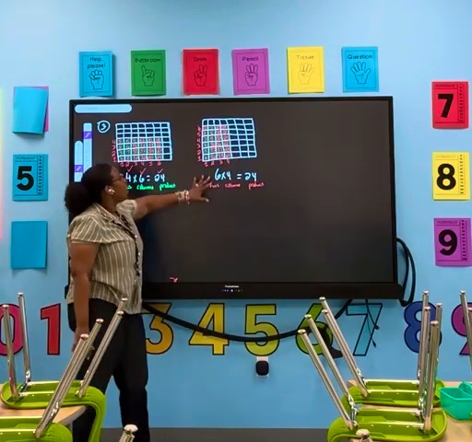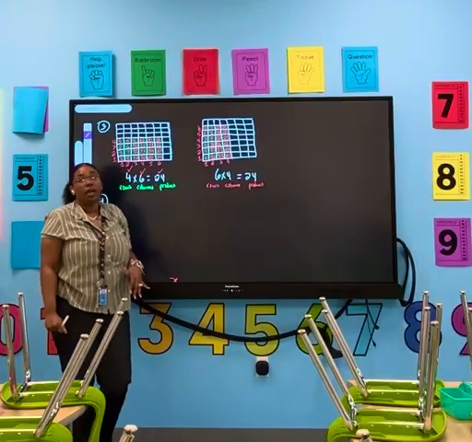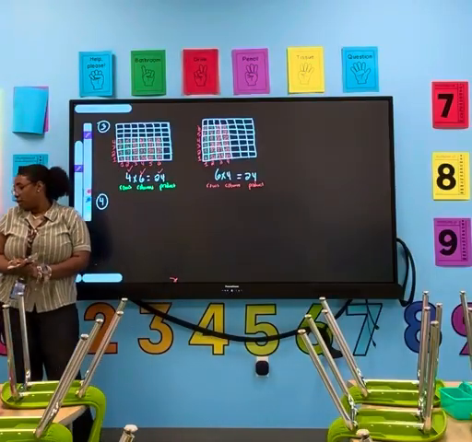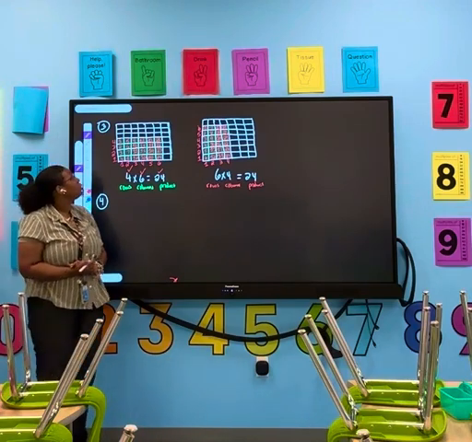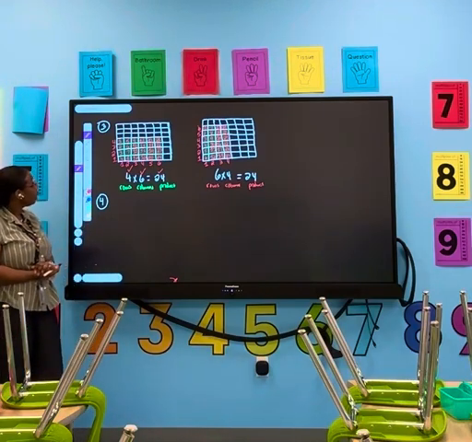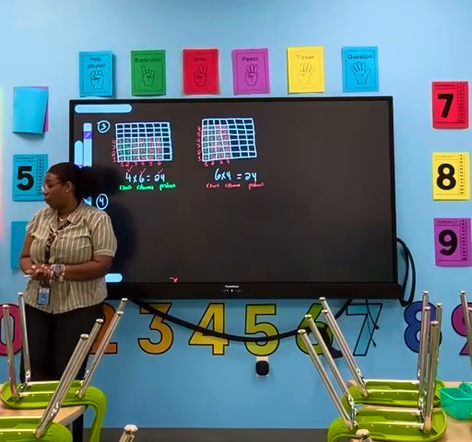So Ms. Newman has all 24 shaded in, and everything is correct. So we did everything for number 3. Good job. Let's go ahead and go to number 4.